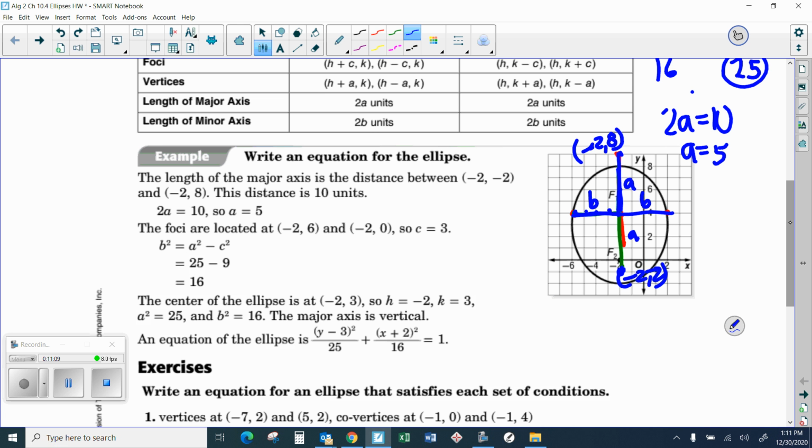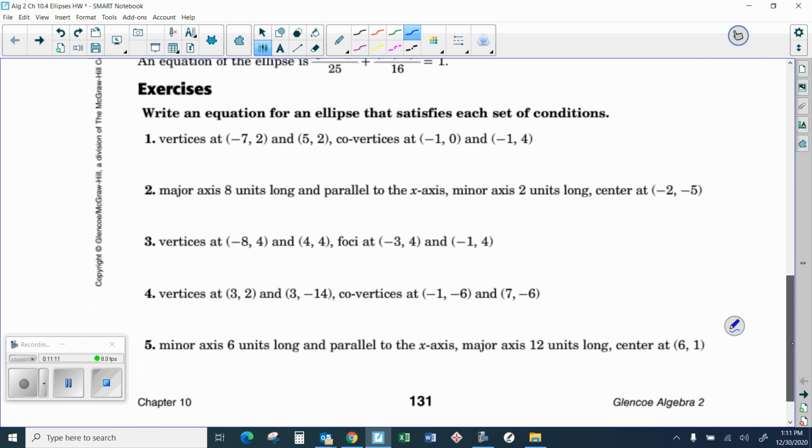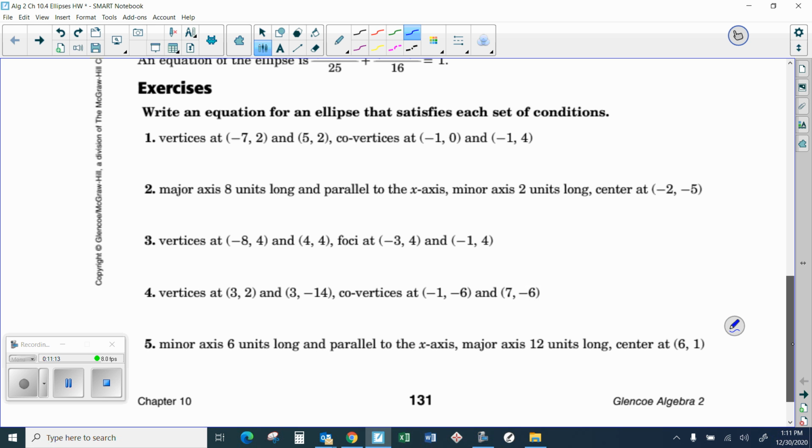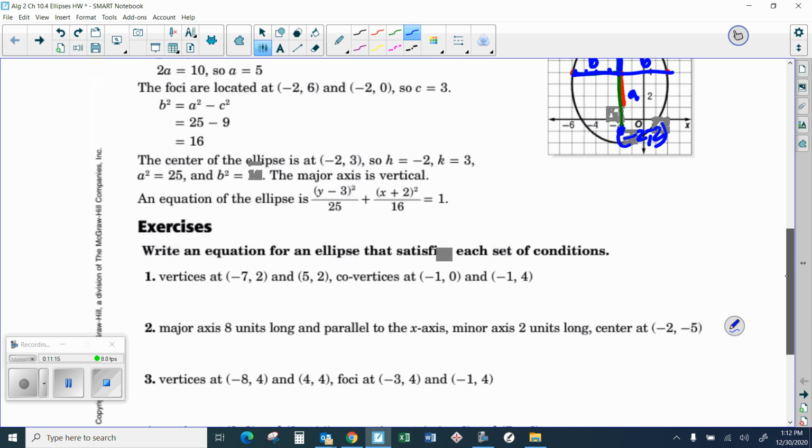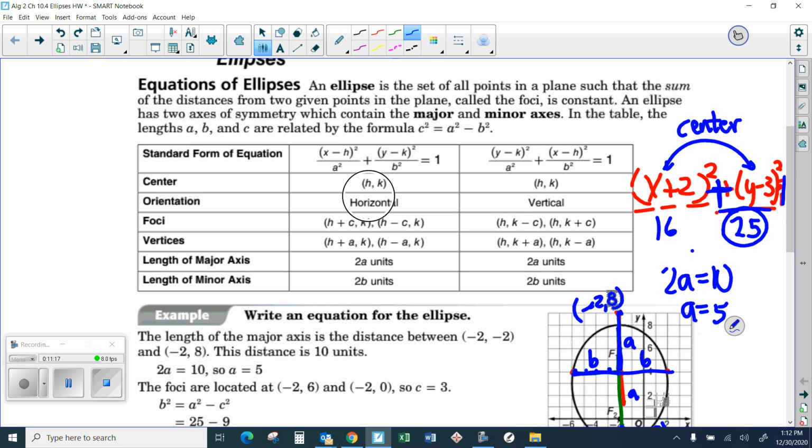So don't forget, this is the key that people get messed up on. Just so you know, the major piece is to remember to use c squared equals a squared minus b squared, and to count out from the center to the vertices.